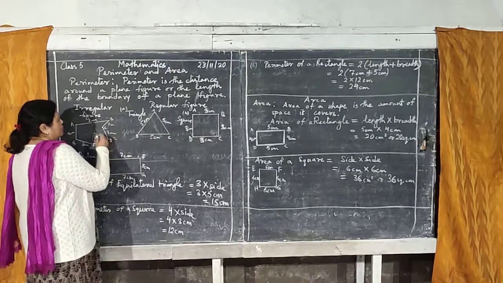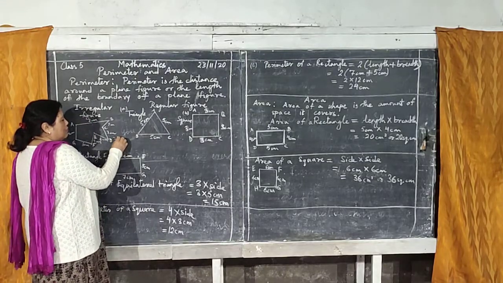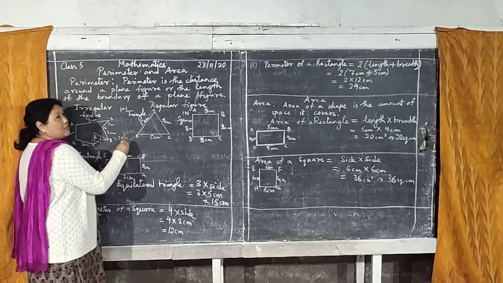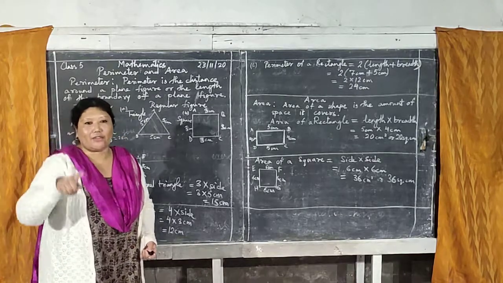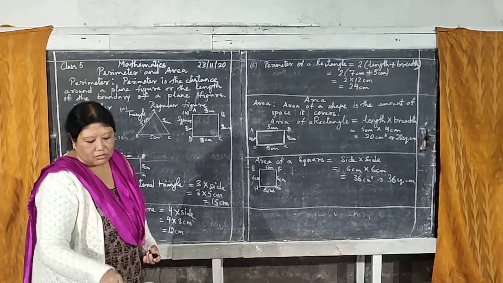So the perimeter of this figure will be 28 centimeters. Simple, isn't it? You just have to add all these.